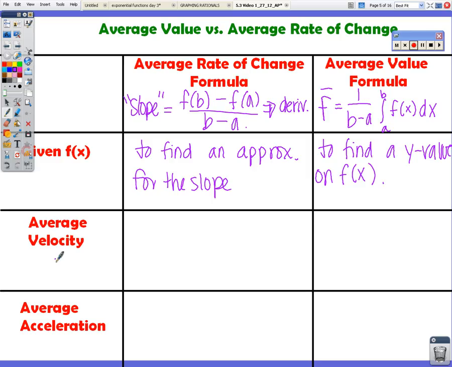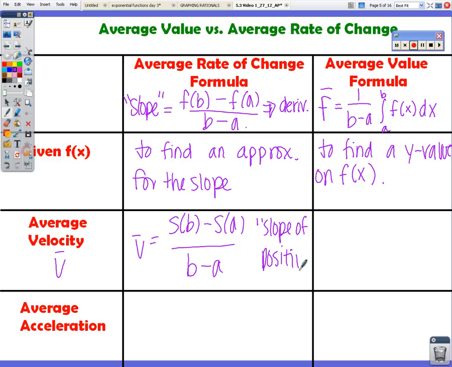So if I want to do average velocity using a rate of change formula, velocity is position's rate of change. So you take the slope of position to get average velocity. So this says the slope of position.